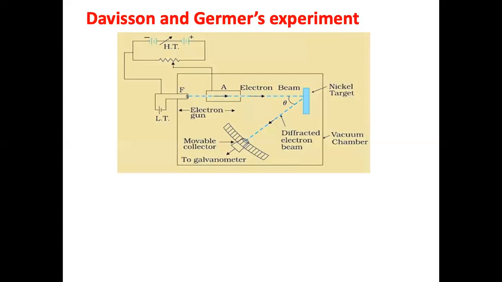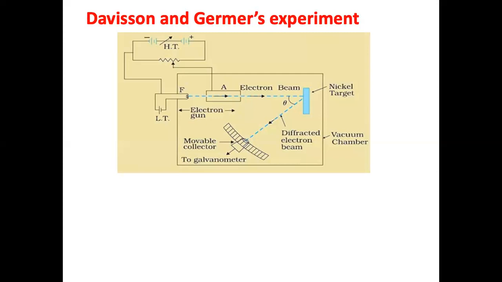This movable detector is connected to a galvanometer. With the help of this galvanometer, we calculate the intensity of electrons scattered from the nickel target.